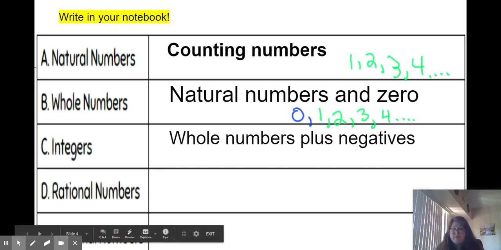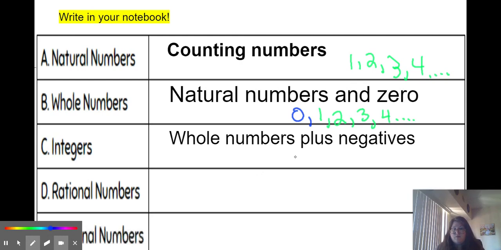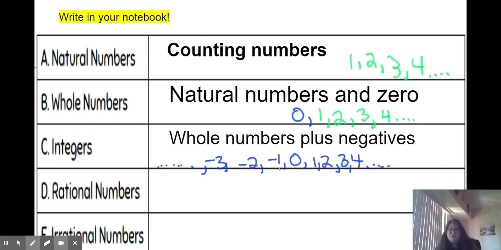So if we look at this, we have 0, 1, 2, 3, 4, and so on. And we also have the negative values. So -1, -2, -3, to negative infinity. So those are usually my descriptors for when I'm labeling a number line.